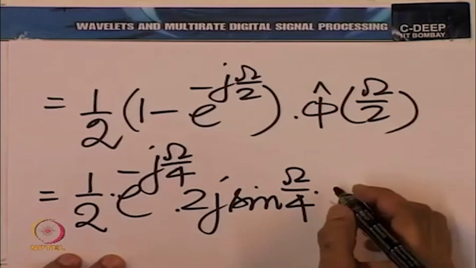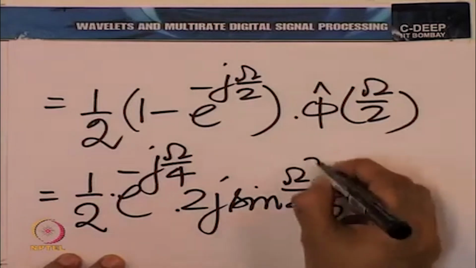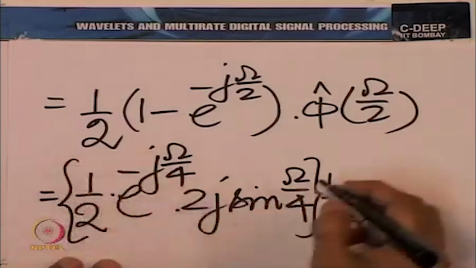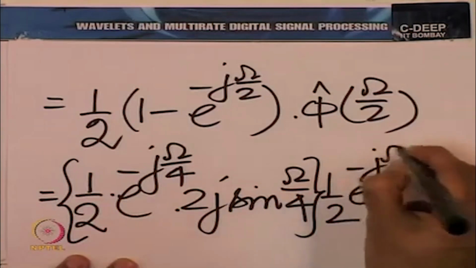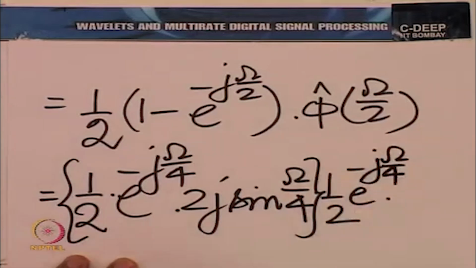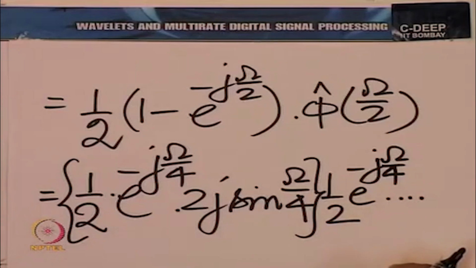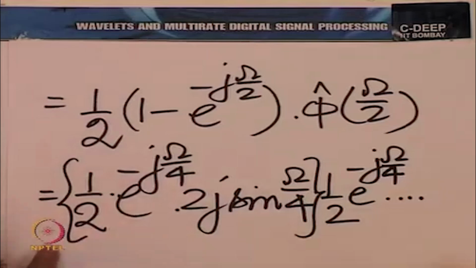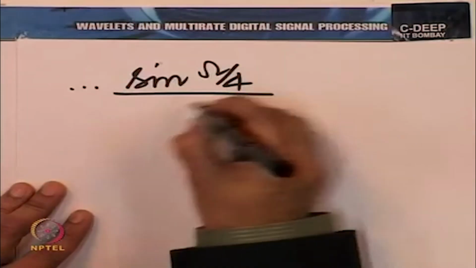This is essentially 1 by 2 e raised to the power minus j omega by 4 times, well, I will continue on the next page. It is a little complicated, but not too difficult. Sin omega by 4 divided by omega by 4.